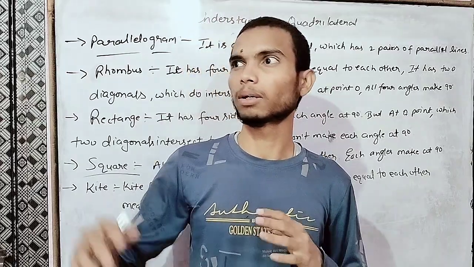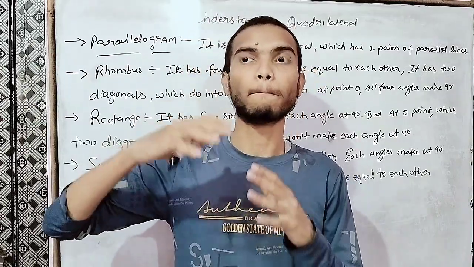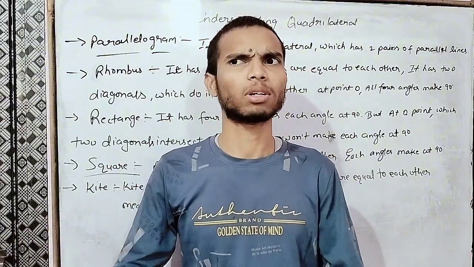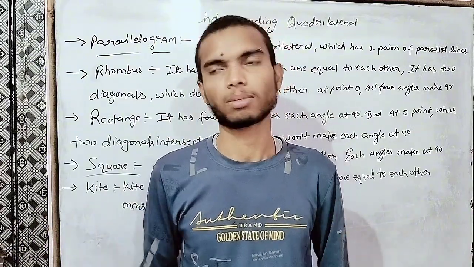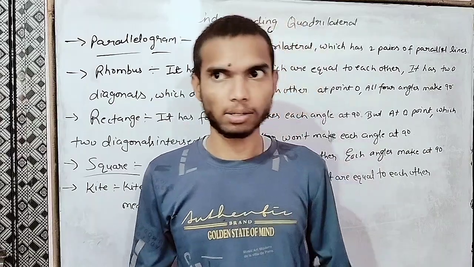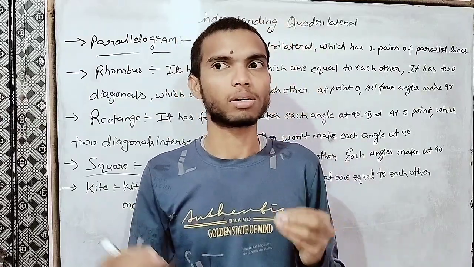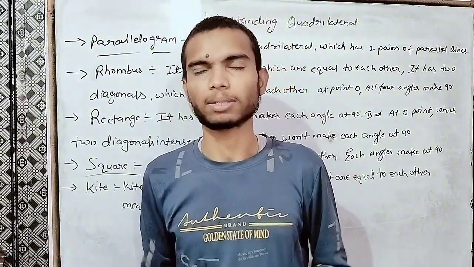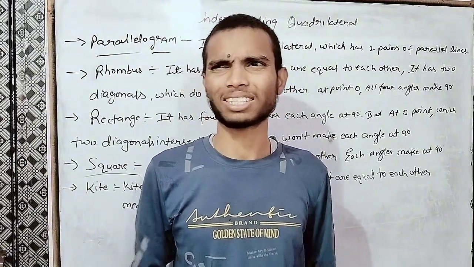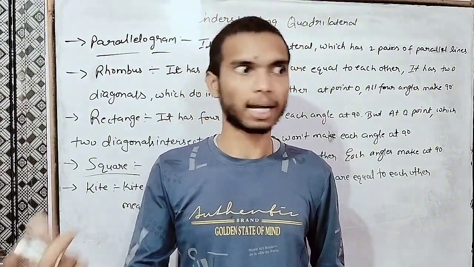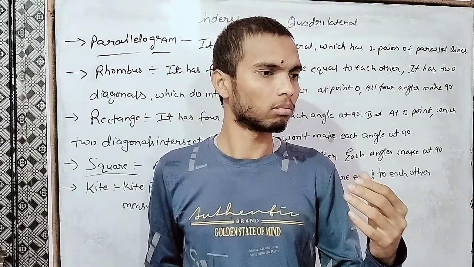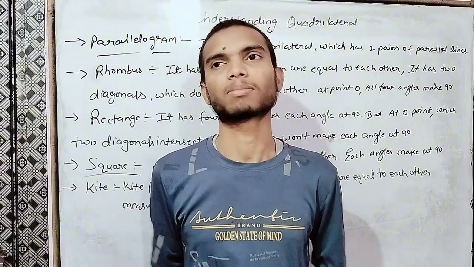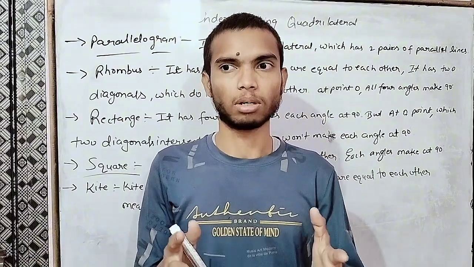Then we did a question based on classification of polygons, then we understood quadrilaterals and their types, which are a square, a rectangle, parallelogram, rhombus, kite, trapezium.